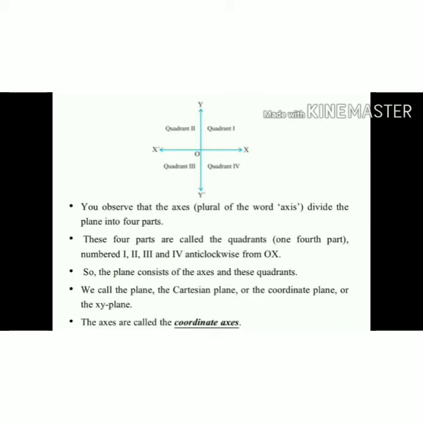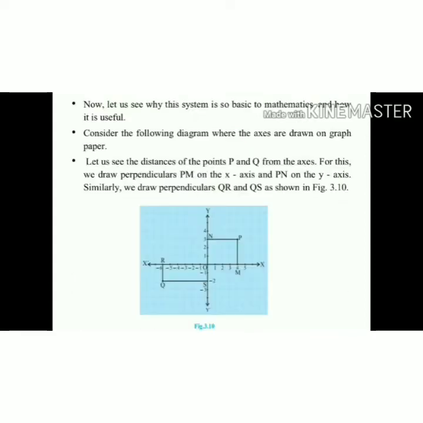There we can see the axes divide the plane into four quadrants, namely 1, 2, 3 and 4, and the axes are called coordinate axes. Now let us consider two points P and Q and try to find their distance. For this, draw perpendiculars PN and PM on the x and y axis respectively.